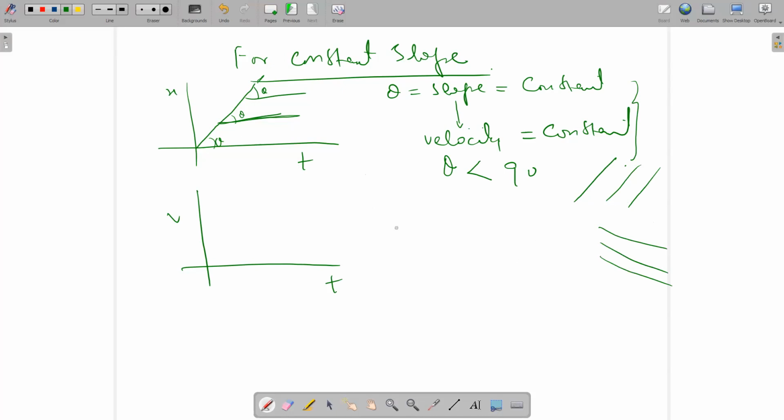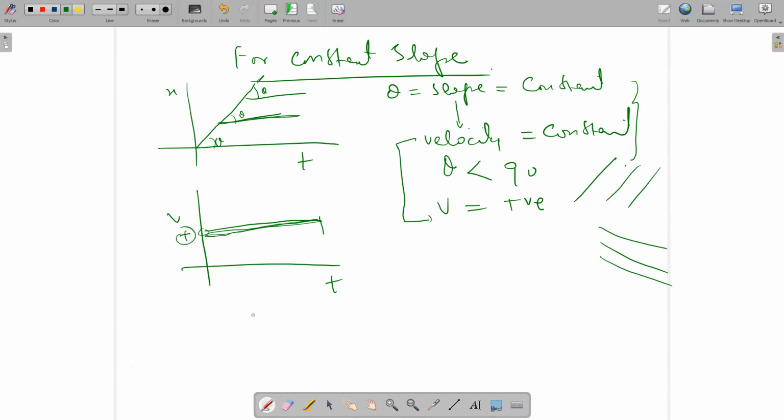So if theta is less than 90 degrees, then v will be positive. So we conclude that velocity is constant and positive. If it is constant and positive, the graph line will be a straight line parallel to the time axis.